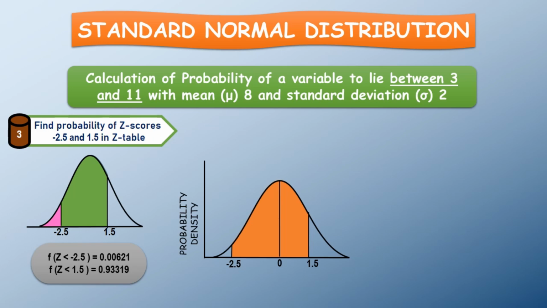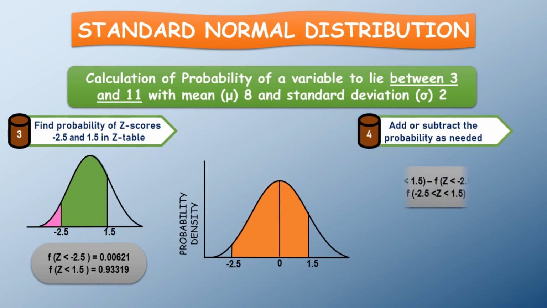That is, it should be greater than minus 2.5 and less than 1.5. So what to do? We didn't get the area we required. We go to step 4. If we subtract the pink area from the green area, we will get the desired orange area. So we subtract the probability values of both the z-scores and the answer will be 0.92698.